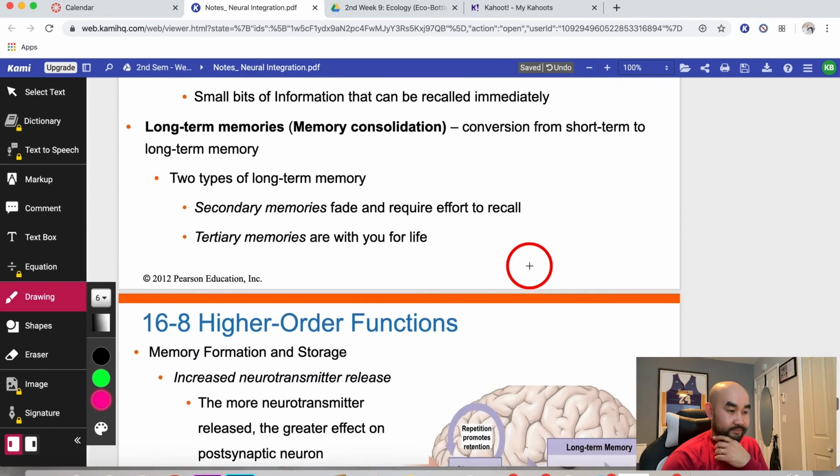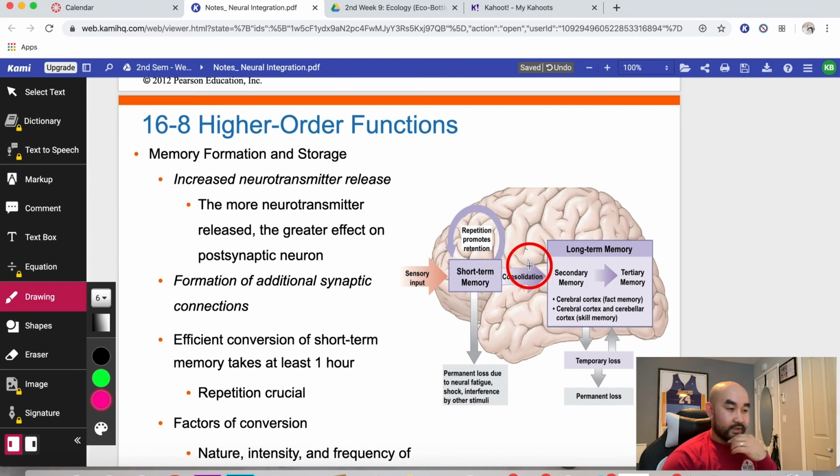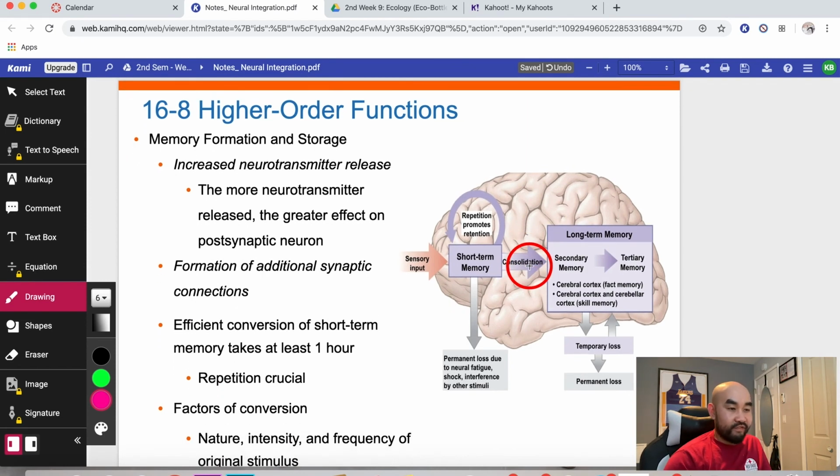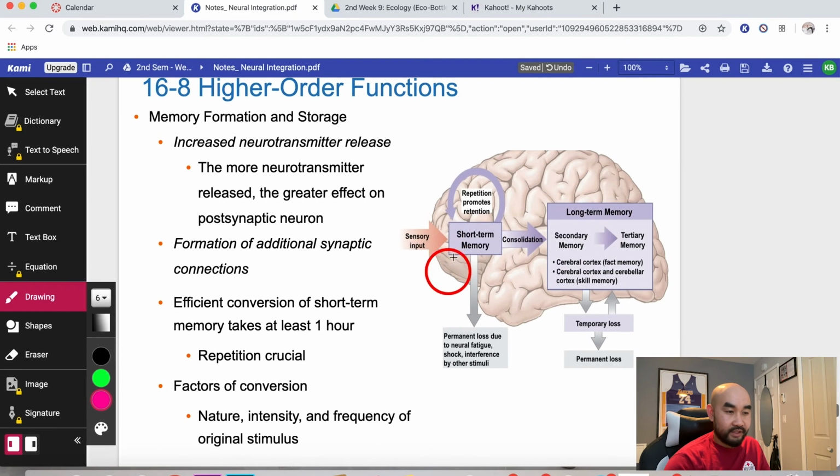All right, memory formation and storage. So, increased neurotransmitter release, right? Remember how neurons talk to each other through neurotransmitters, these chemicals, they connect to each other. So when you make a connection, let's say you have sensory input, right? Looking here, you have short-term memory.